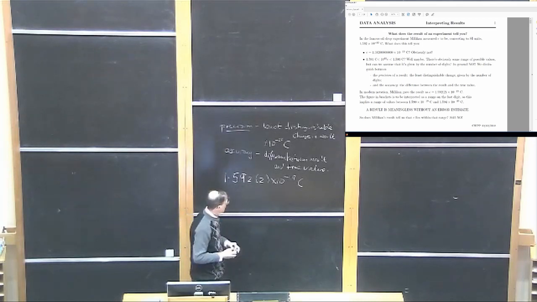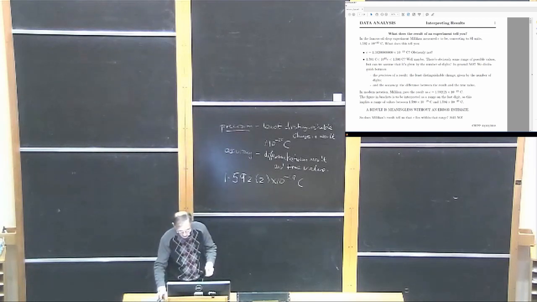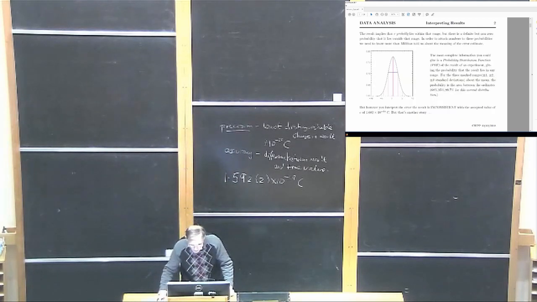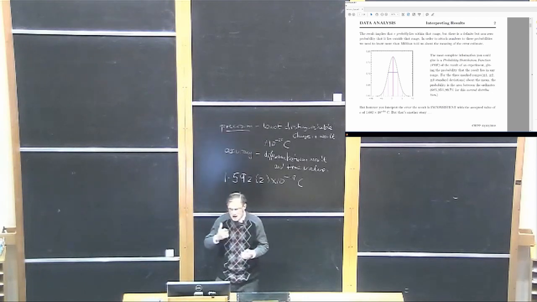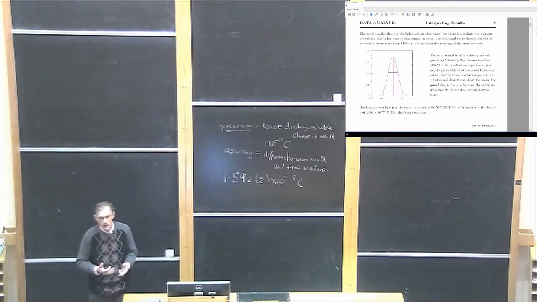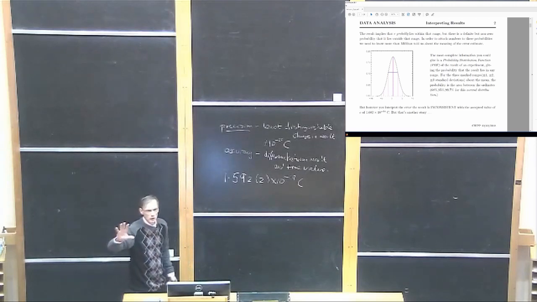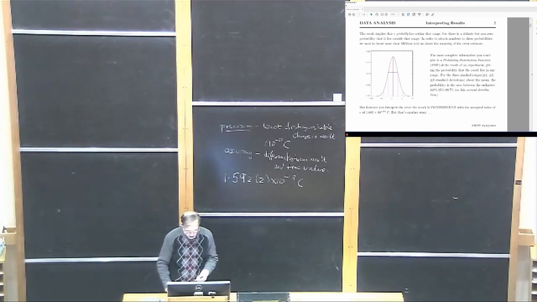So, does that mean that the charge on the electron lies between 1.590 and 1.594? No. We're getting closer. Every experiment, if you took enough measurements, and this is an idea we're going to use an awful lot, the idea of the population of possible measurements that you could take in an infinite amount of time.